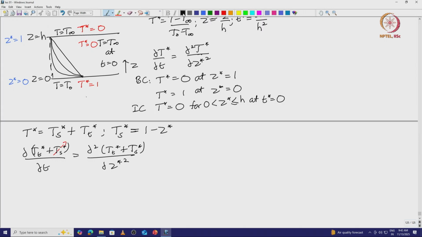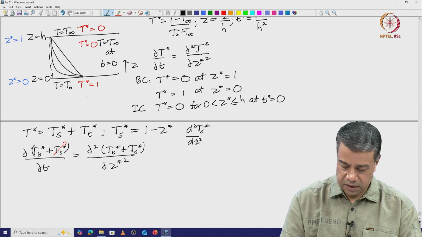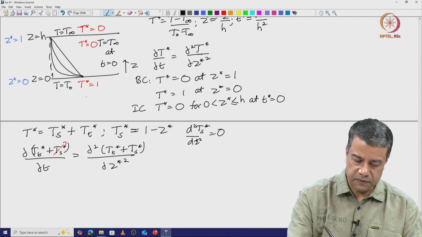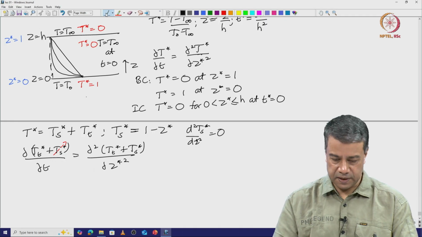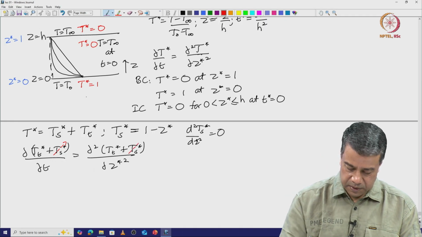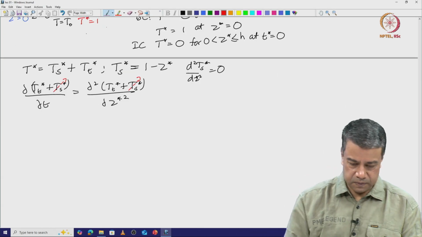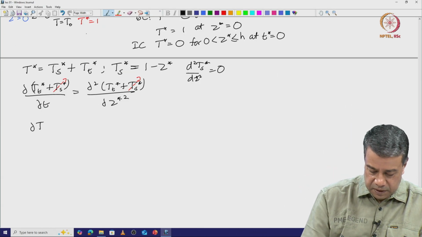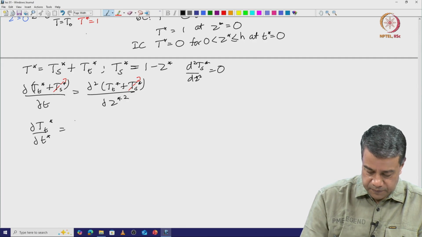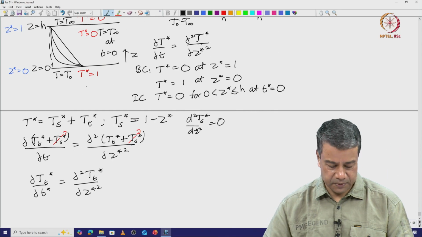The equation we solved for the steady part was d square T steady by dz square equal to 0, which gave us the linear profile. Therefore, this term also goes away, and the equation for the transient part just reduces to the partial of the transient by partial t equal to the second derivative of the transient part. So, that was the equation for the transient part.